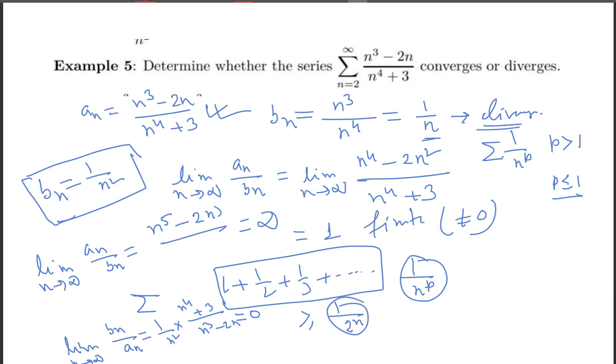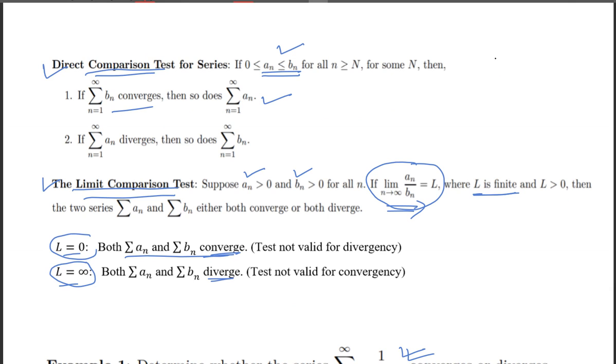If bn converges, sir, and the limit is 0, then it is invalid, no? If you go up, sir, it is written here. Yes, so we cannot comment on the divergency. We have to take another test.